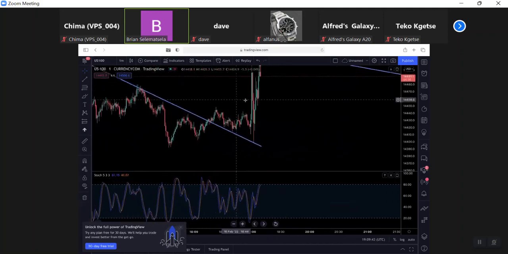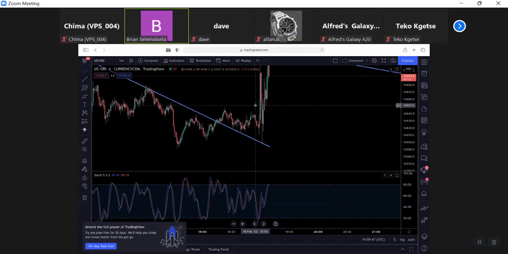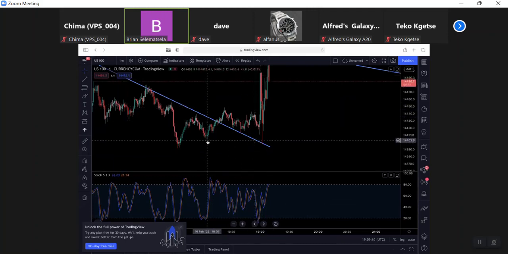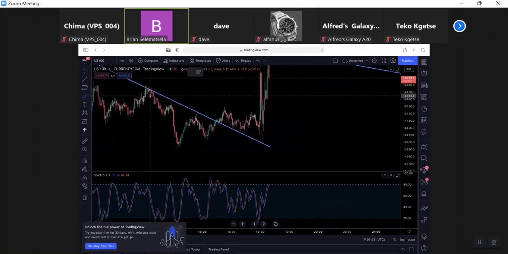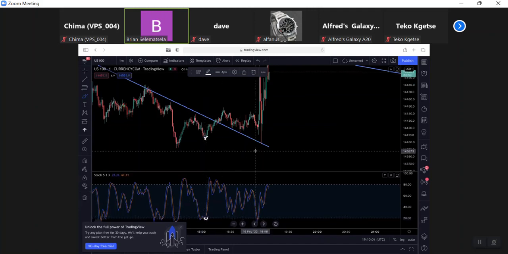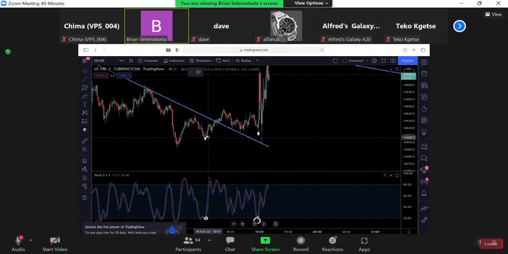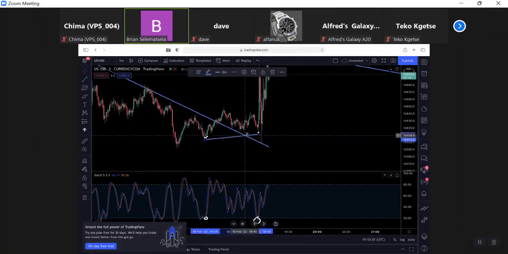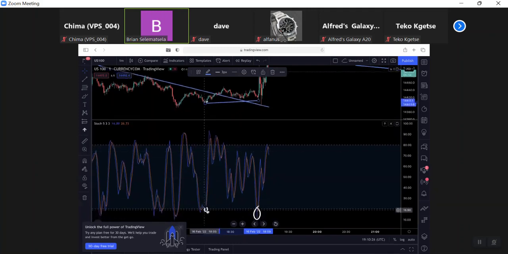And of course, when you want to buy, you'll take a look at the divergence, and from the divergence, you'll be able to spot that from this point to that point, from this point to that point, when the market was here, the stochastic was there.